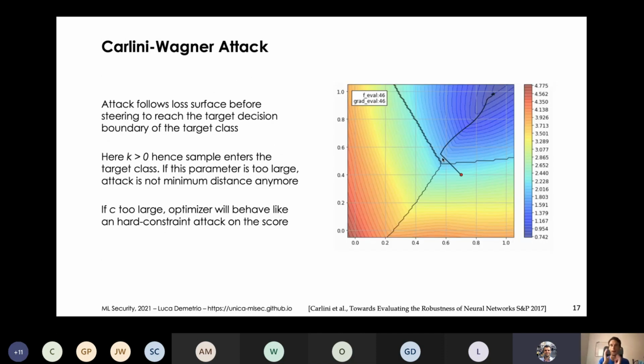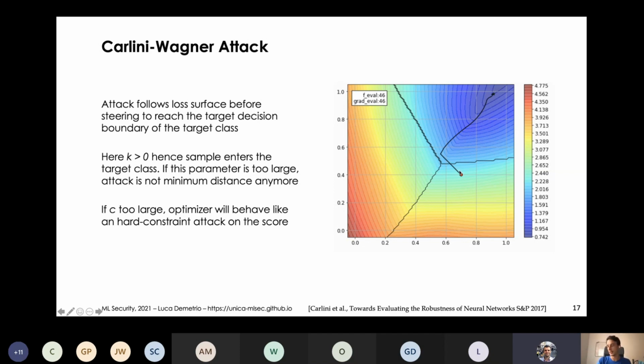To give you a visual example, this is what's called a minimum distance attack, because you're asking for the minimal perturbation, a point as close to the boundary as possible.